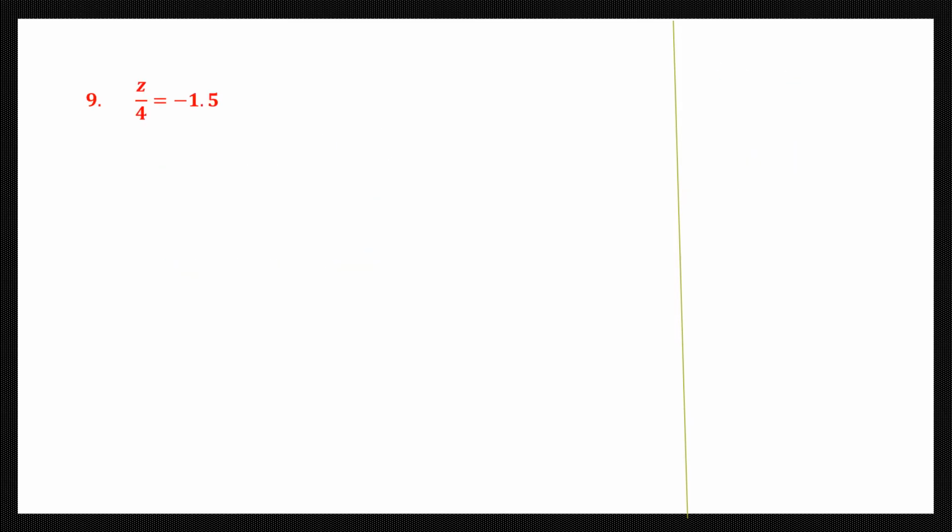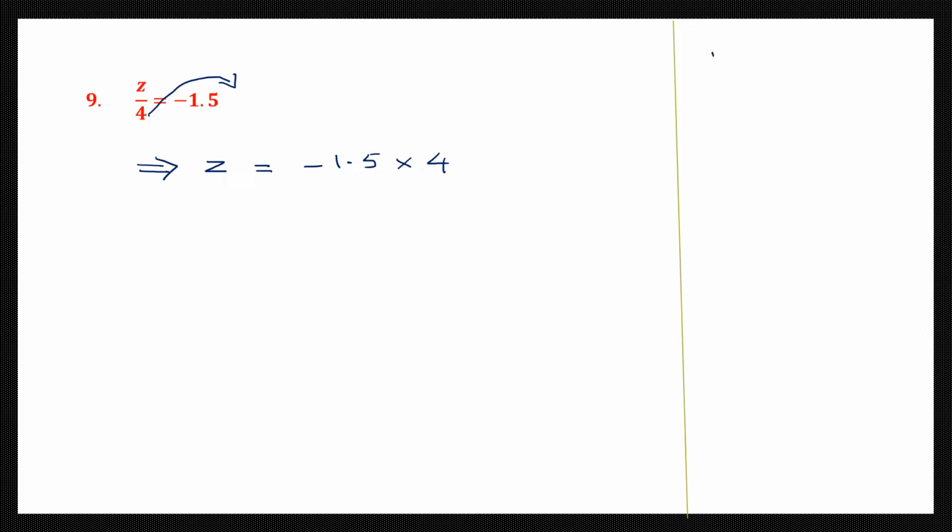Question 9. z by 4 equals minus 1.5. So to find the value of z, we're going to leave z on the left hand side, minus 1.5 on the right hand side. We're going to transpose 4 from the left hand side to the right hand side. So here it is division. When it goes to the right side, it becomes multiplication.